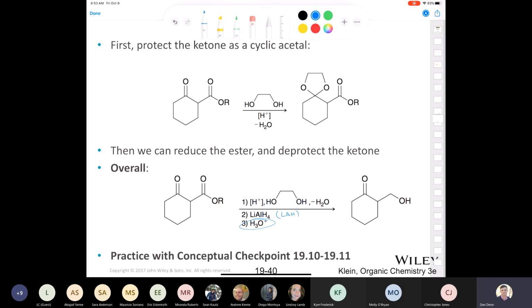I think in the book sometimes it says H2O, but H3O+ works as well. Not only will it serve to work up the lithium aluminum hydride, it's also going to remove the cyclic acetal. So it's kind of a 2-for-1, two steps at once.